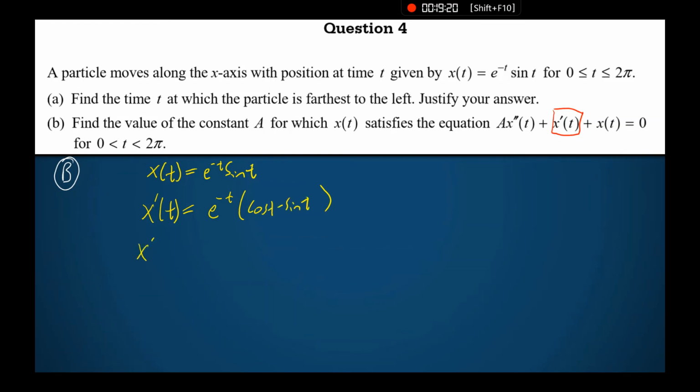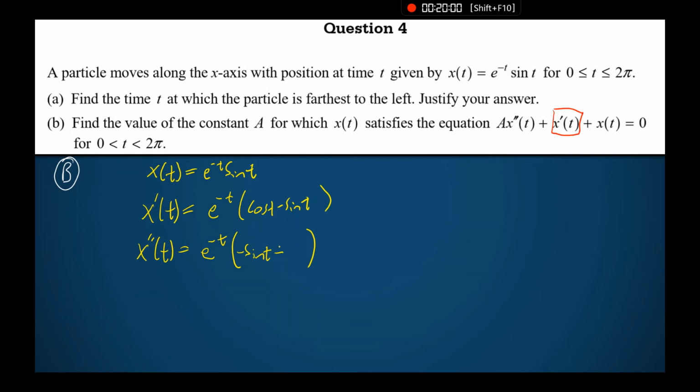So if I derive this one more time to get the second derivative, what will happen? e to the negative t times negative sine t plus cosine t.